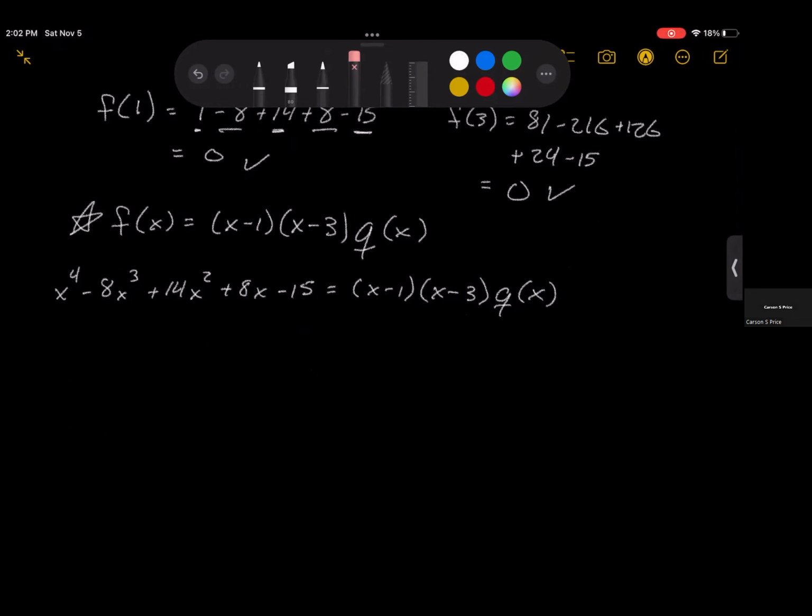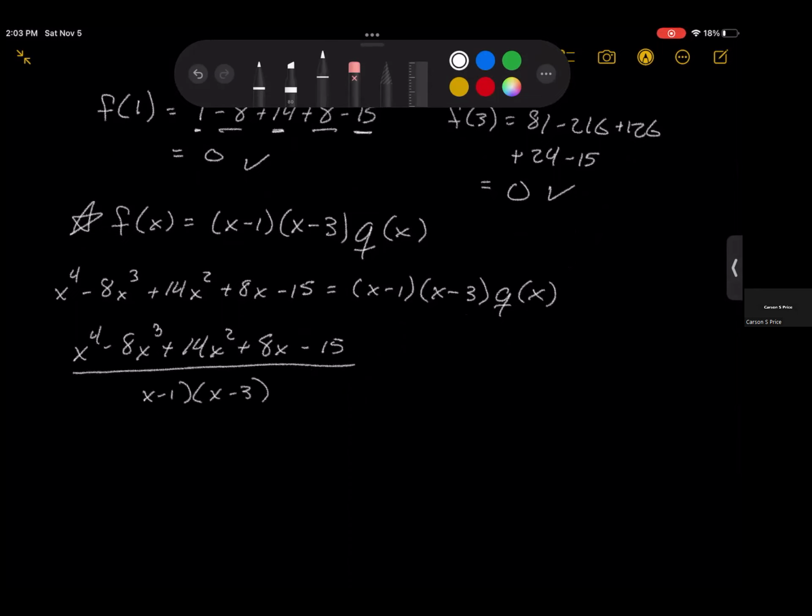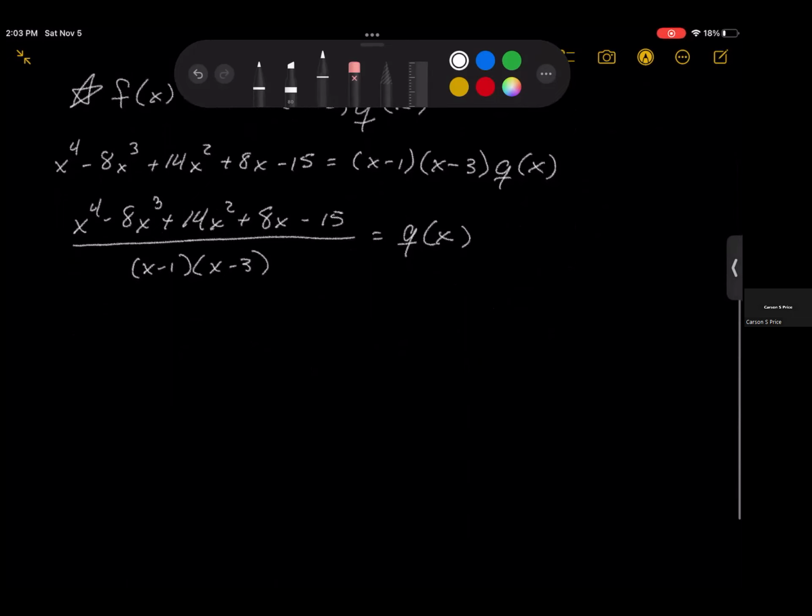Right, let's see that. So x to the fourth minus 8x cubed plus 14x squared plus 8x minus 15 divided by x minus 1 and x minus 3. That just leaves me with my q of x over there. So I can solve for my q of x if I know how to divide polynomials, and I do know how to do that. Right?